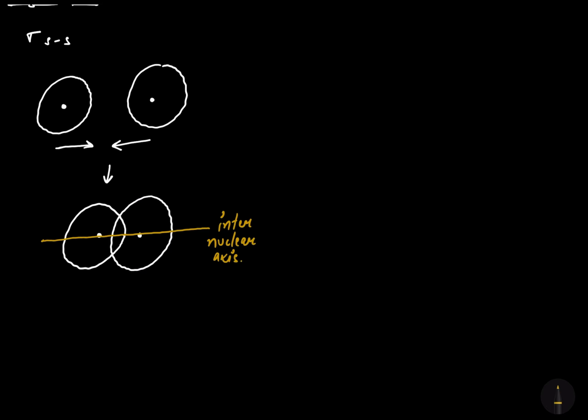Now just observe that the overlapped region is present on internuclear axis. That's why it's a sigma bond, the sigma bond between s orbital and the s orbital. That's why it's called a sigma s s.